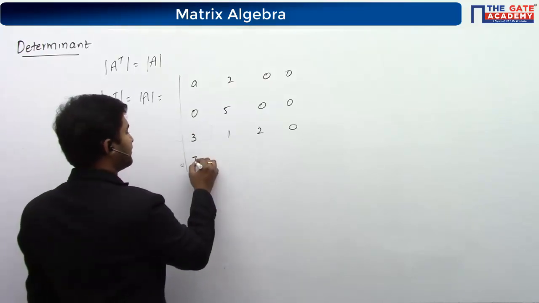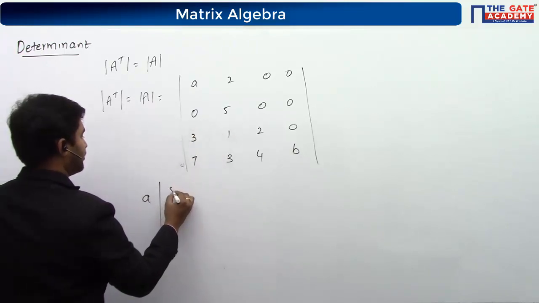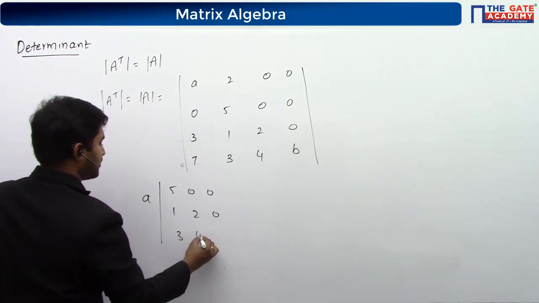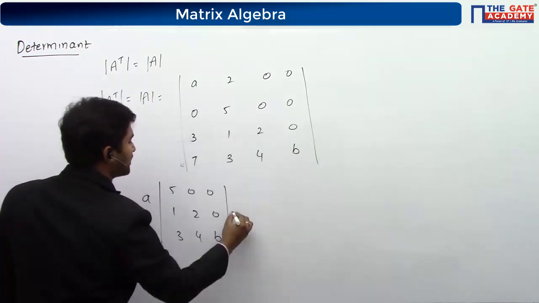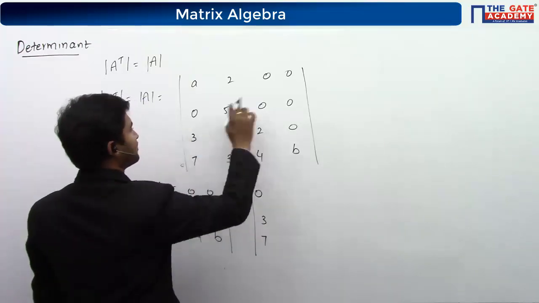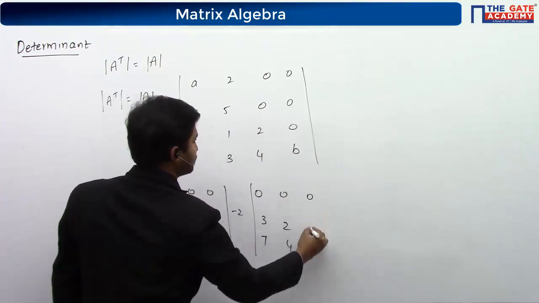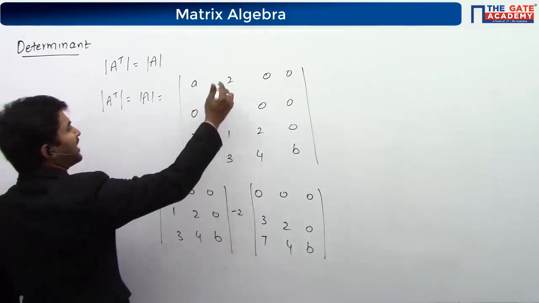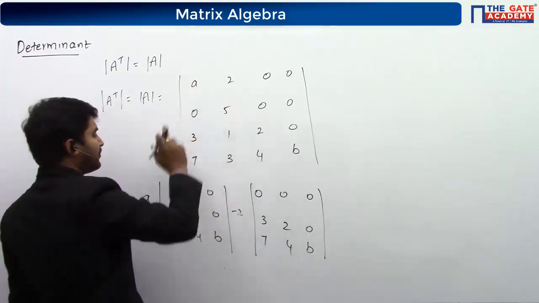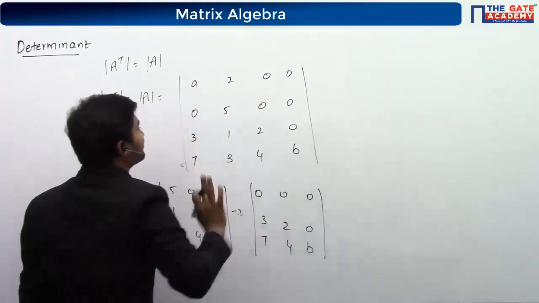So what you'll have here: A times the determinant of 5 0 0, 1 2 0, 3 4 B, minus 2 times the determinant of 0 3 7, 0 2 4, 0 0 B. Right, so when I consider this particular element with a minus sign, I already told you, when you take the determinant, first element with plus, second element with minus, third element with plus, fourth element, if it is there, it is going to be with minus.